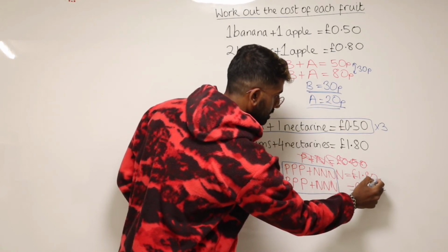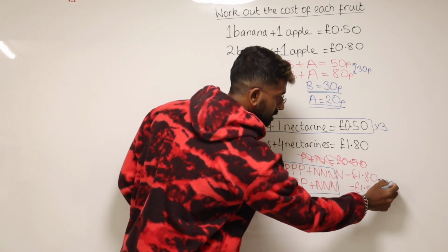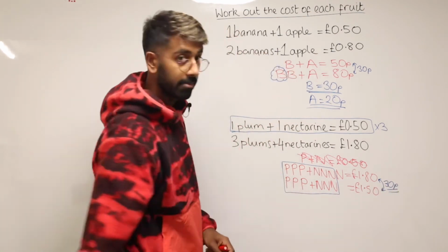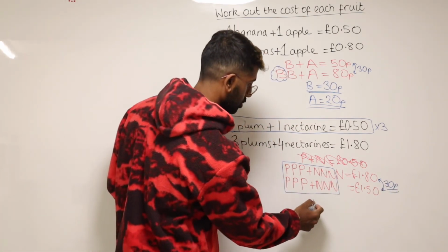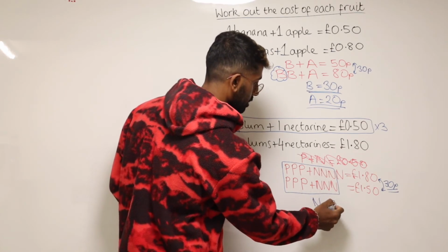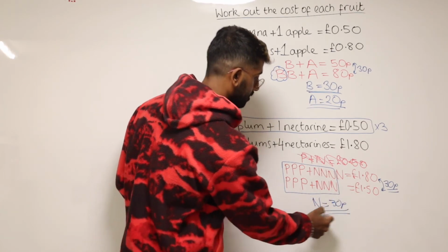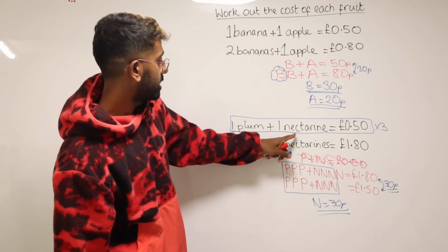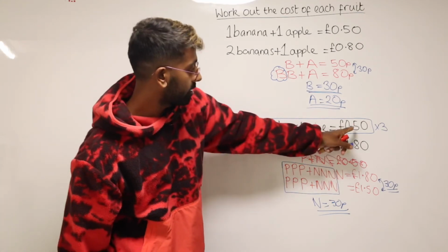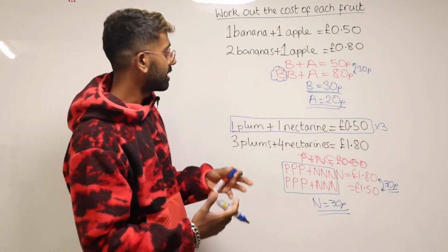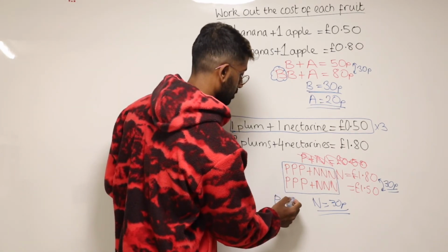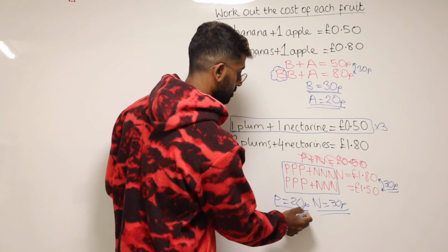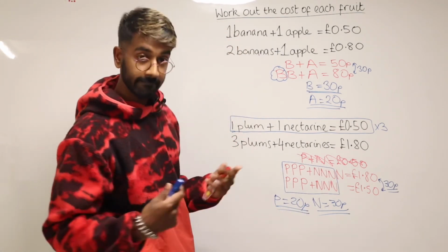So this difference in price, which again happens to be 30p, must be the cost of 1 nectarine. So a nectarine is 30p. And then again we know that a nectarine and a plum together is 50 pence, and therefore the plum must be 20p. And there we go.